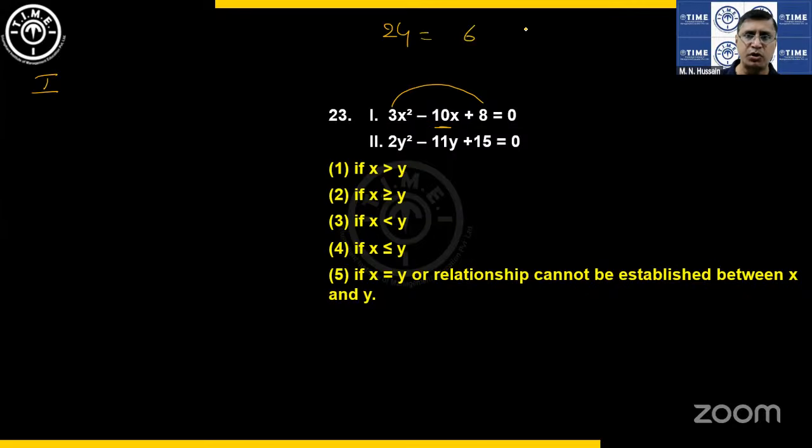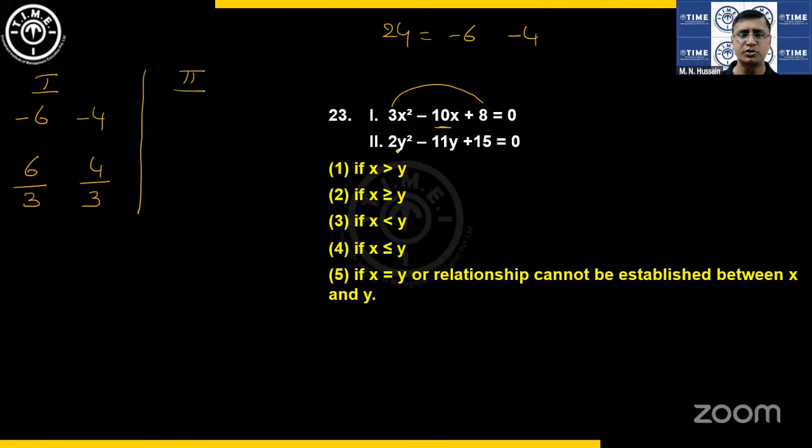Now 6 into 4, that is 24, minus 6 minus 4. By adding these two, we get minus 10. Means the factors are minus 6 and minus 4. What about the roots? Roots means take the same number with opposite sign, divide with the coefficient of x square term. Look at the second quadratic equation. Quadratic equation 2. 2 into 15, that is 30.